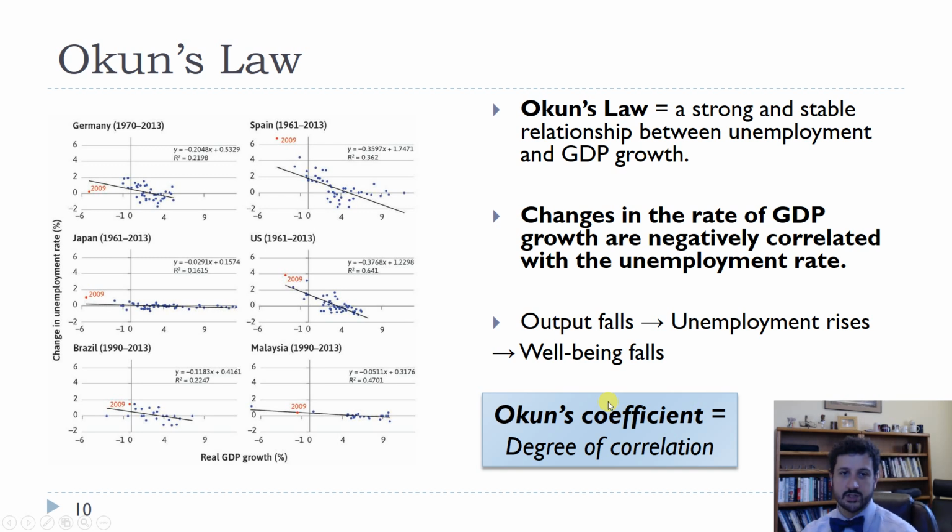So coming back to Okun's Law, what these graphs do is to graph the change in the unemployment rate on the vertical axis and real GDP growth on the horizontal axis. And so all it is is a scatter plot with different years for different countries. The US is here in the middle on the right.